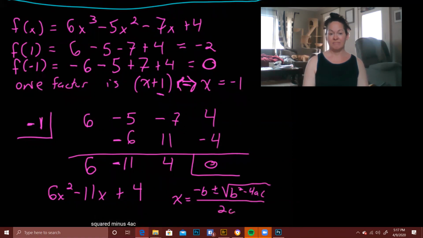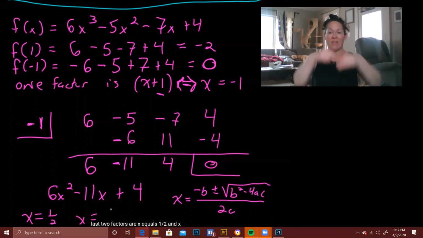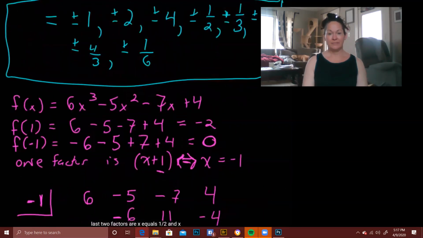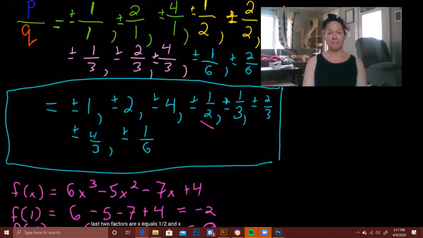I think I would use the quadratic formula, and I find that my last two factors are x equals 1/2 and x equals 4/3. Which were in here.